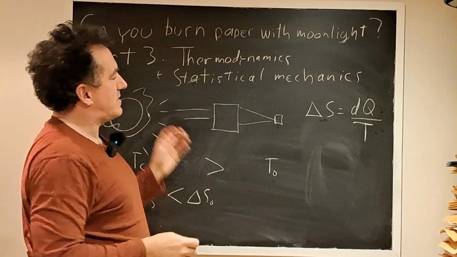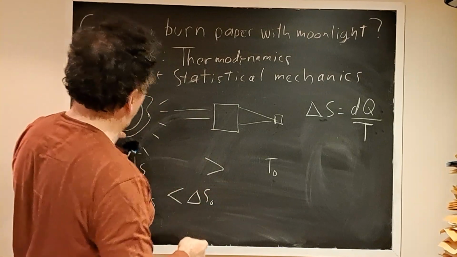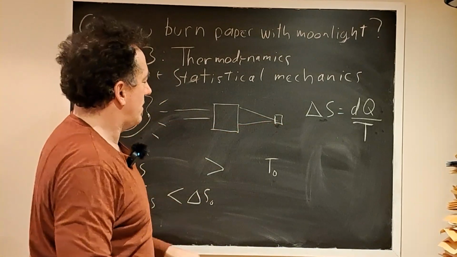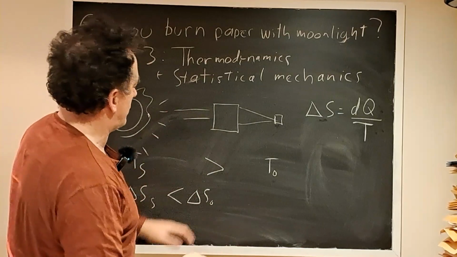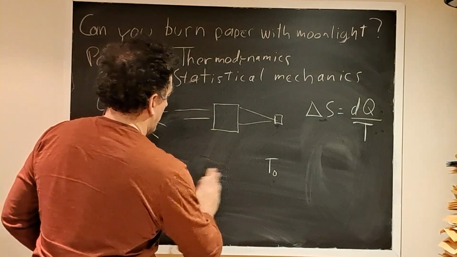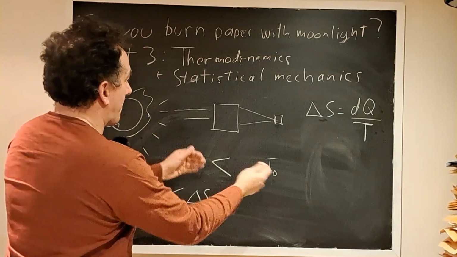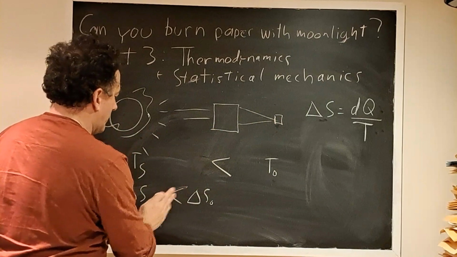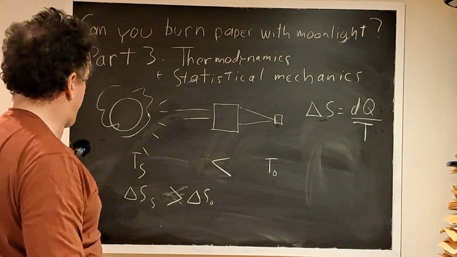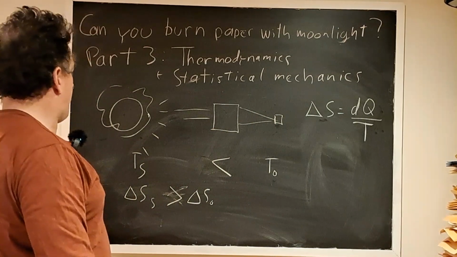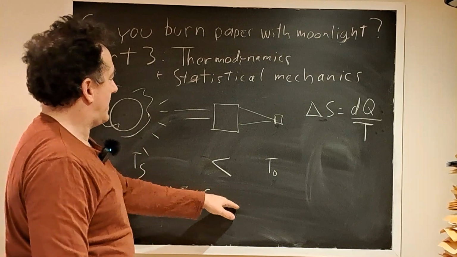Now let's see what happens. Let's say that in some manner you succeed in transferring enough heat that this object now is hotter than the surface of the sun. So now we have this, and that would imply, using the same argument, that we have this. So what happened? We decreased the entropy.